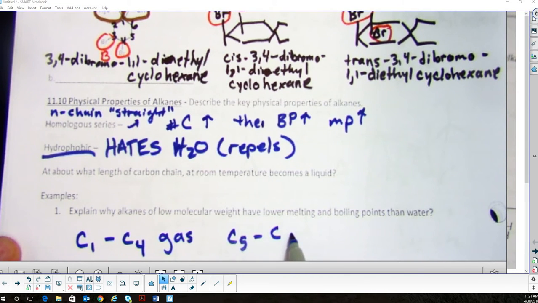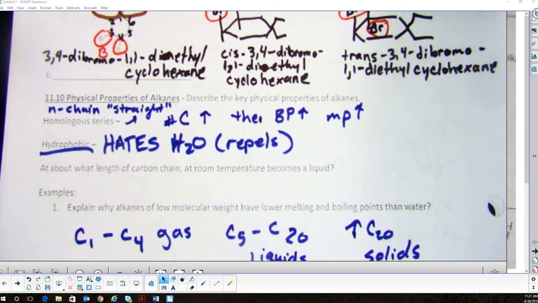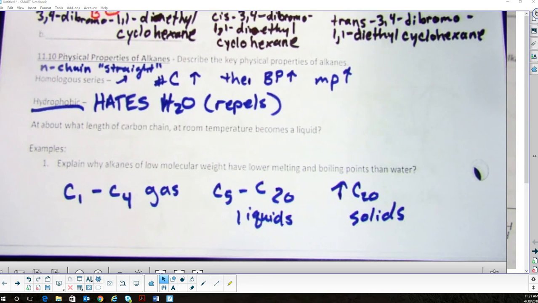C5 through C20 are liquids, and above C20 are solids. How's your name, C20? We won't have to worry about that right now. Dodecaoctane. Okay, so you just have to worry up through 10. So this is just intro.